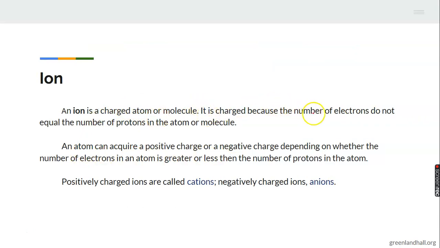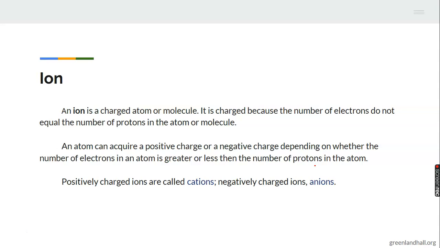It is charged because the number of electrons does not equal the number of protons in the atom or molecule. So an atom can acquire a positive or negative charge depending on whether the number of electrons in an atom is greater or less than the number of protons. When you have a deficiency of a proton, the element or compound will be negatively charged.